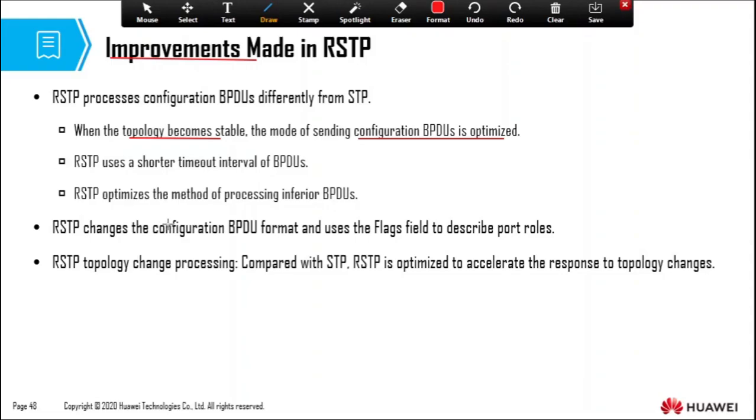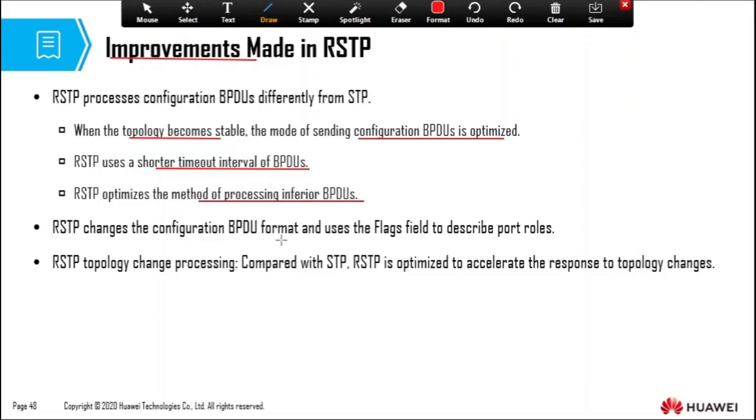We just alert the downstream. Then RSTP uses shorter timeout intervals of BPDUs. It also optimizes the method of processing inferior BPDUs. So if you want to understand how, you can check the HCIP topic on RSTP. Otherwise, here we're just mentioning. We're not going very deep into RSTP.